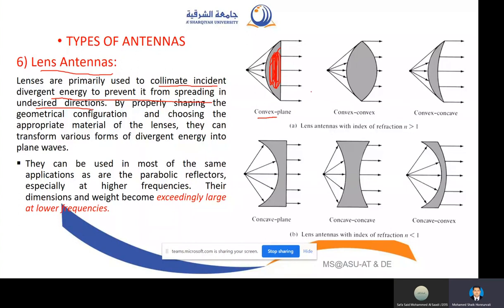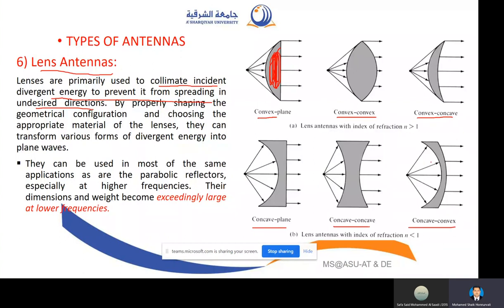This is convex plane. This is convex. Here you have 2 convexes. Here you have convex and concave, very small in diameter. You have concave here.